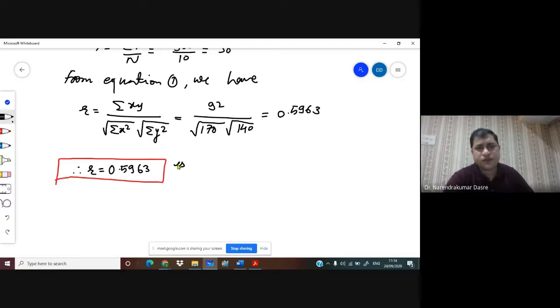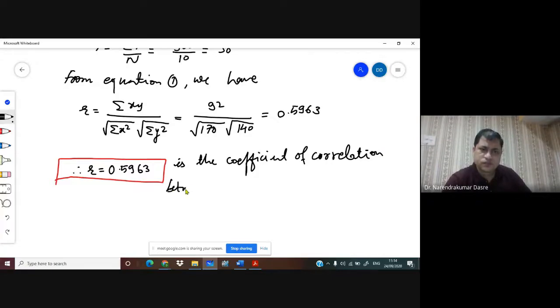We can say this is the coefficient of correlation between the psychological test and mathematical ability.